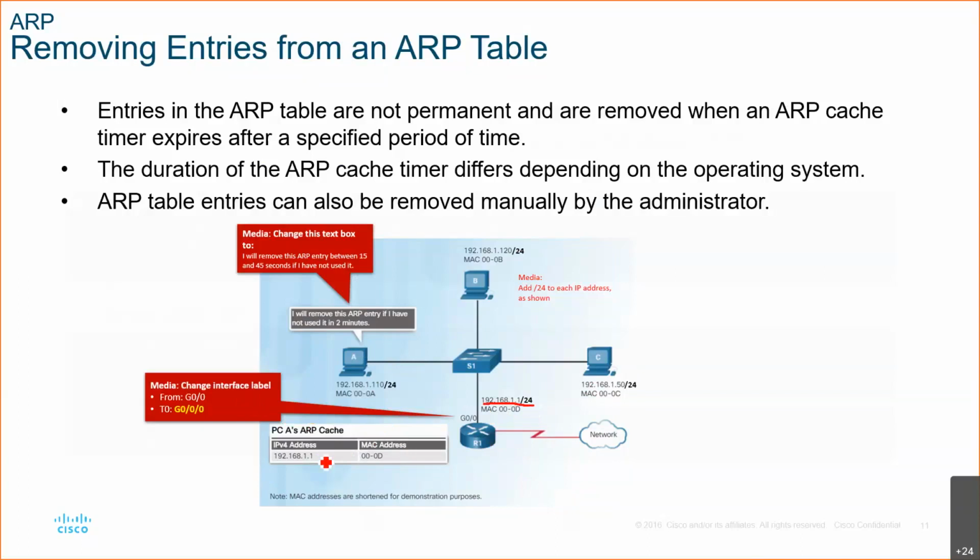So the PCA's ARP cache will also be updated. Every PC's ARP cache will be updated. So this is within the same network. You can see the IP addresses, it's slash 24, slash 24, slash 24. So they are all within the same network. So is your gigabit Ethernet 0/0 interface over here. It is within the same network.